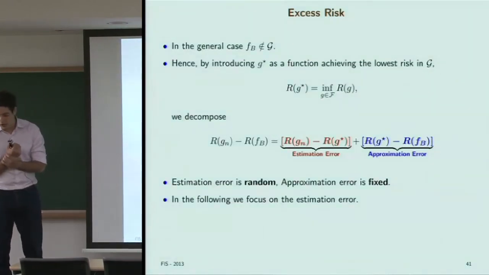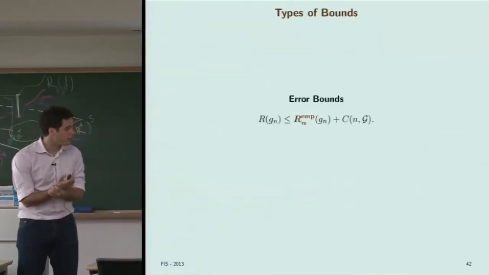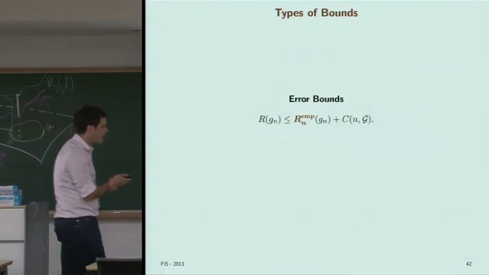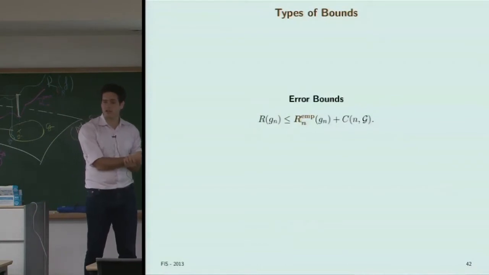So what do we call error bounds? So an error bound is basically to say that the real error of Gn, we can prove that it's below the empirical error of Gn plus some value here.